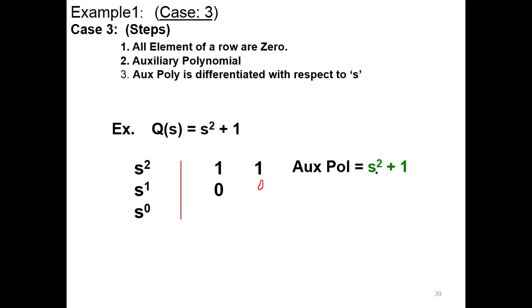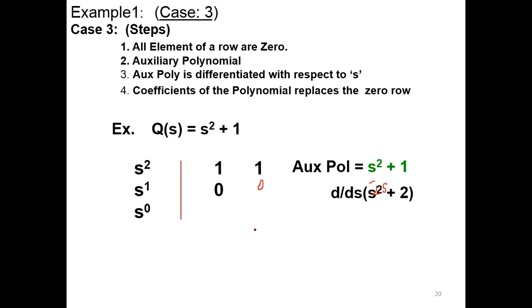So in this case we will get 2s as the derivative of the auxiliary polynomial. So the coefficient of the derivative replaces the 0 row. What is the coefficient? The coefficient will be equal to 2. So we will replace this 0 with 2 here.